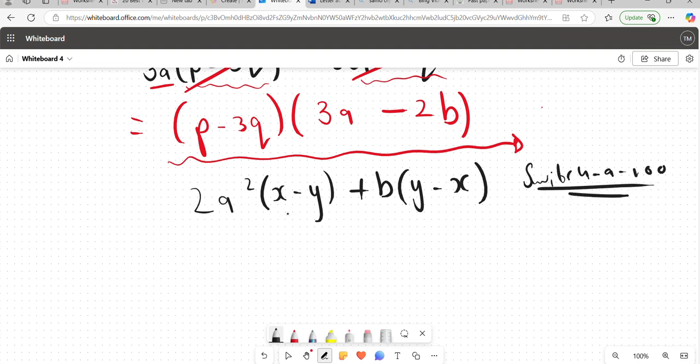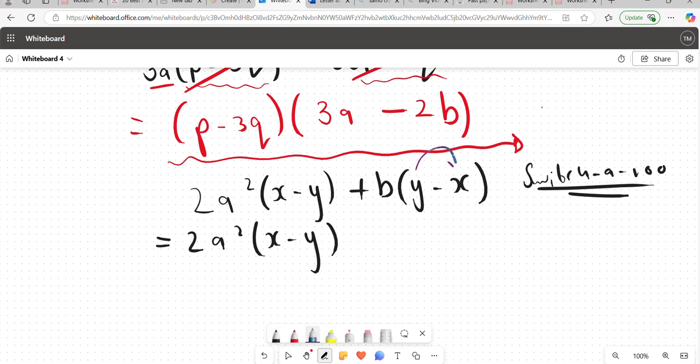What that means is, since these brackets are not exactly the same, we notice in the first bracket the x is positive, the y is negative, but in the second bracket the y is positive, the x is negative. So instead I'm going to switch the second bracket. What do I mean by switch?